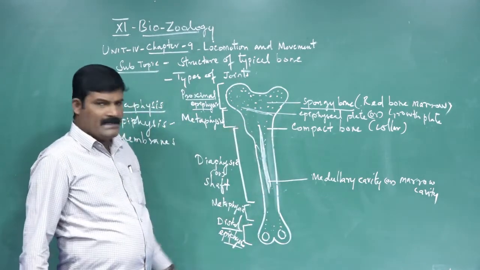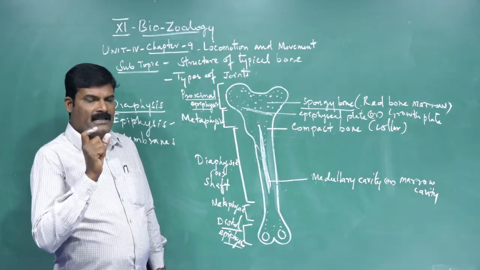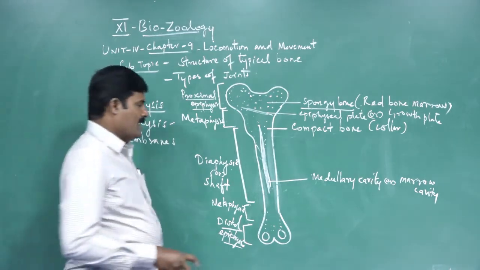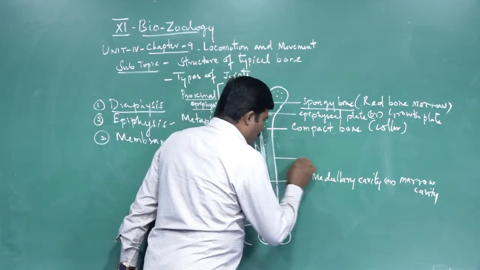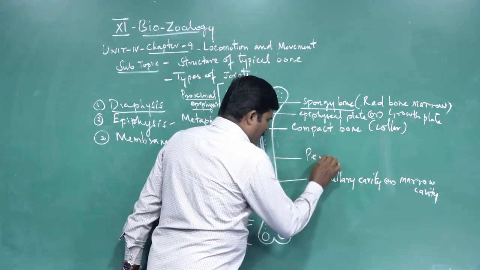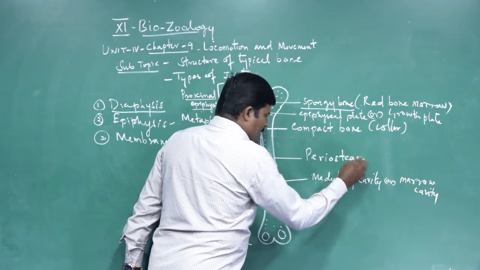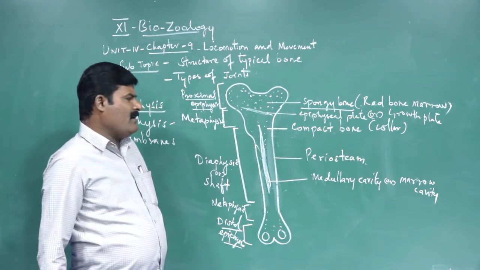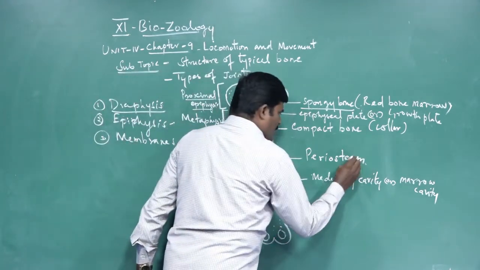Okay, next, the entire bone surface, except the joint, is covered by a double layer membrane called the periosteum. What is the periosteum?